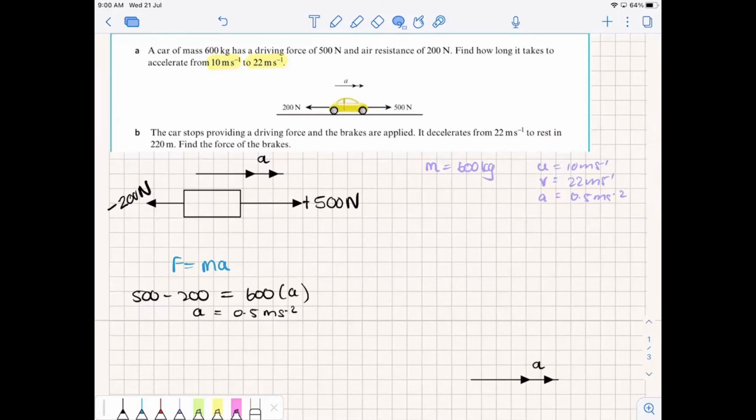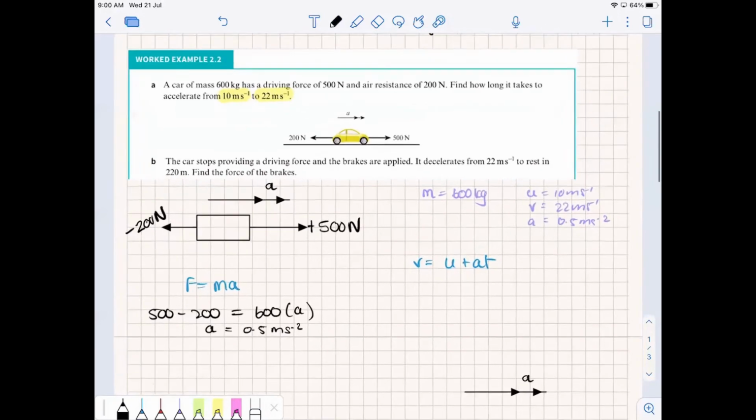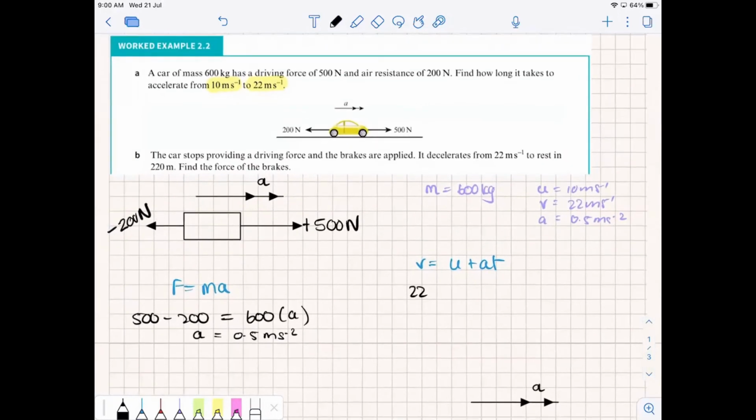So we can just use the very simple equation, v equals u plus at, and put the information that we have in. We have the final velocity of 22, the initial velocity of 10, and the acceleration of 0.5, and we can solve for t. This will give me a time of 24 seconds.